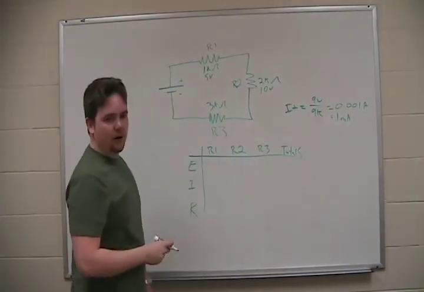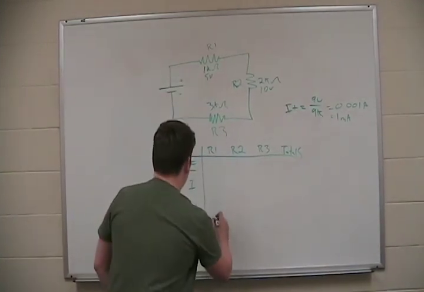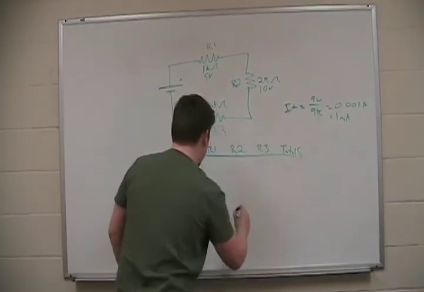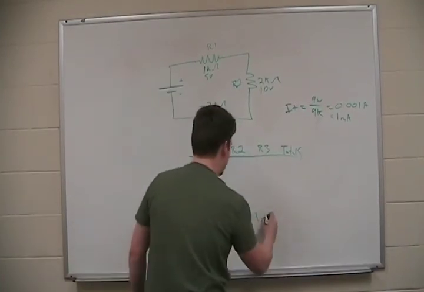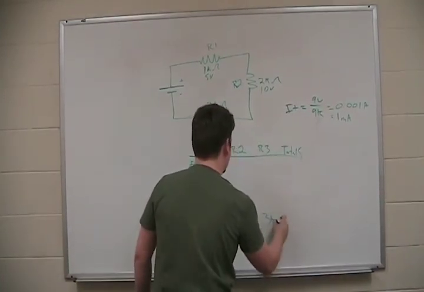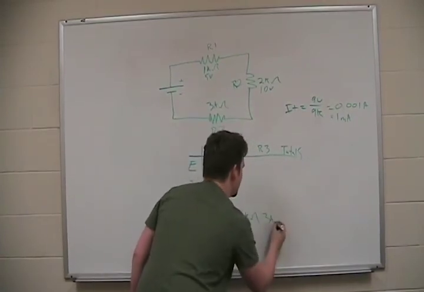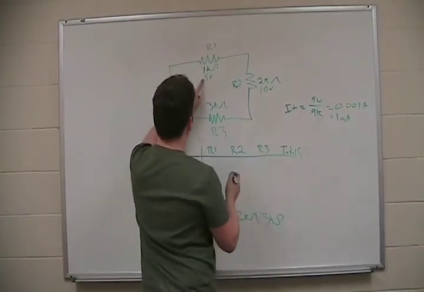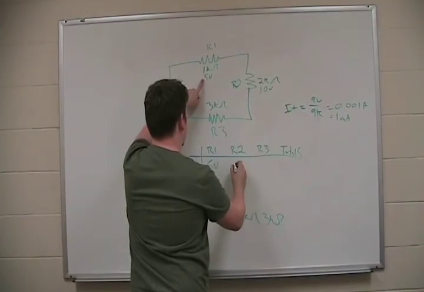So let's add in what we know, okay? 1 kiloohm for R1, 1K. 2K for R2, 3K for R3. Pardon me, my omega symbols aren't up to par. Okay, so we also know that there's 5 volts along R1 and 10 volts across R2.